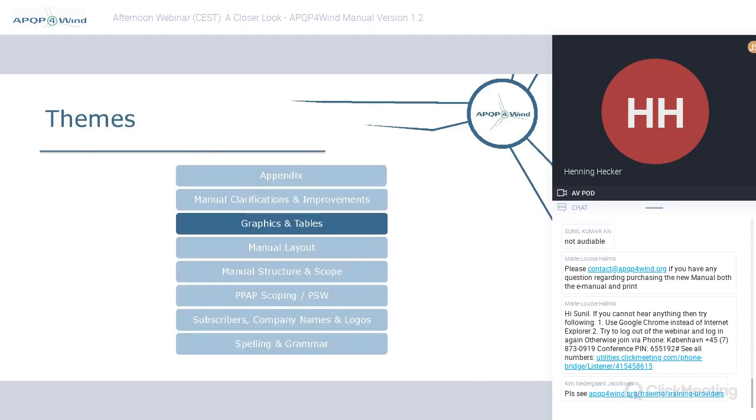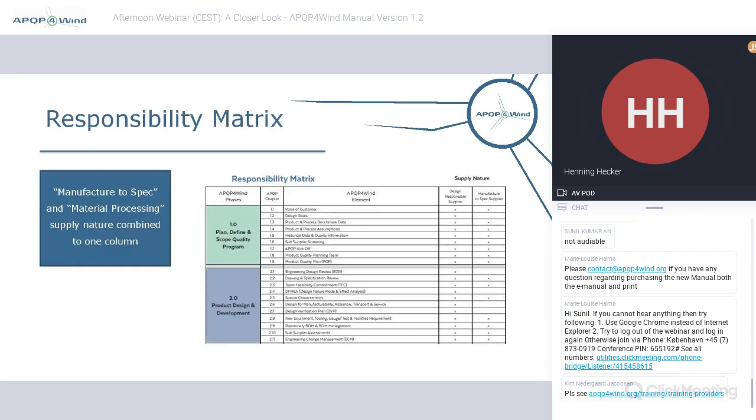On the next part, according to all that we changed in the wording, we of course changed the graphics and the tables accordingly. One of the most important things is in the responsibility matrix, where we deleted a column.